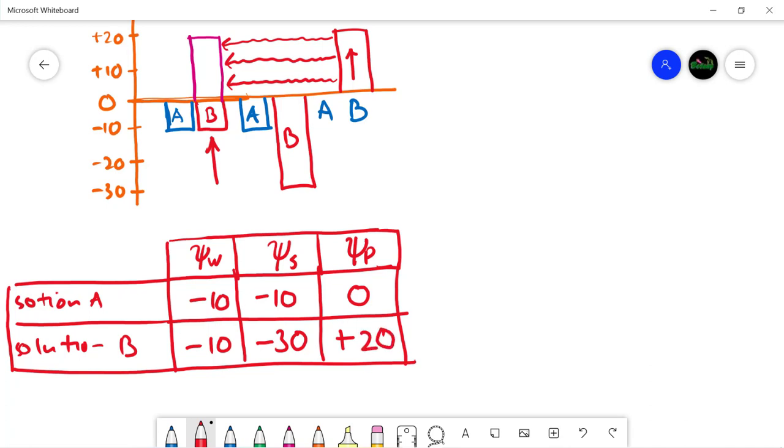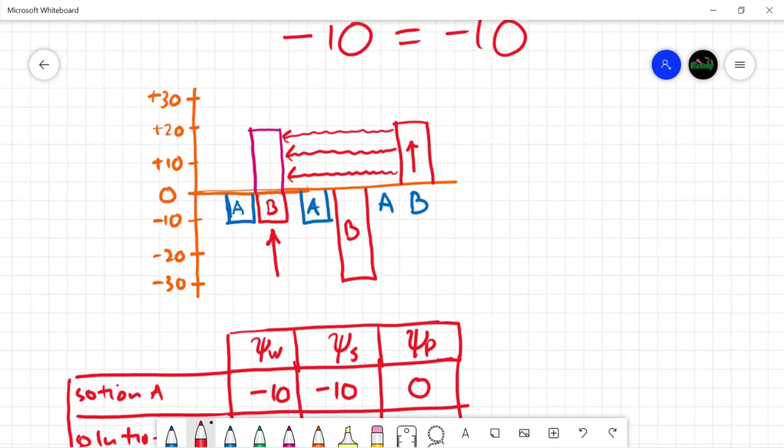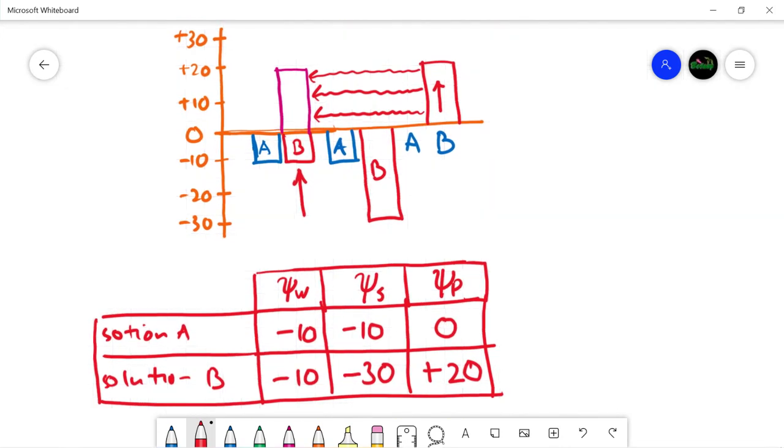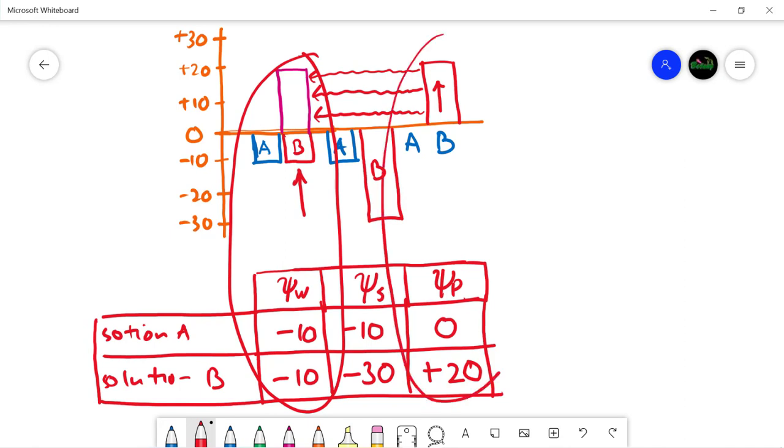As you can see from this diagram, when osmosis started, the situation has become somewhat different, and as you can see, the effect on water potential and the effect on the pressure potential.